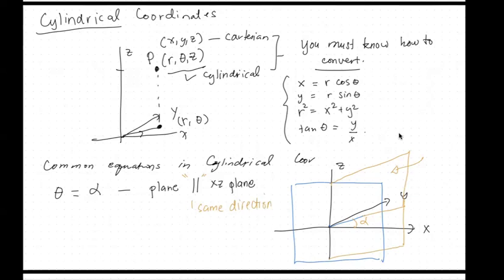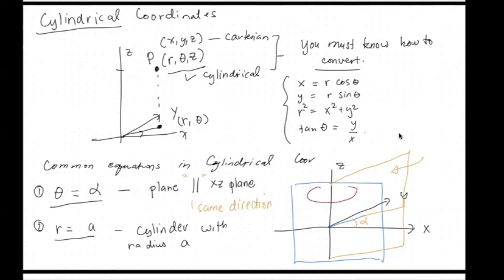All right. And then the other equation is r equal to, say, a. R equal to a is just a cylinder with radius a. So the drawing is you get a cylinder of radius a.